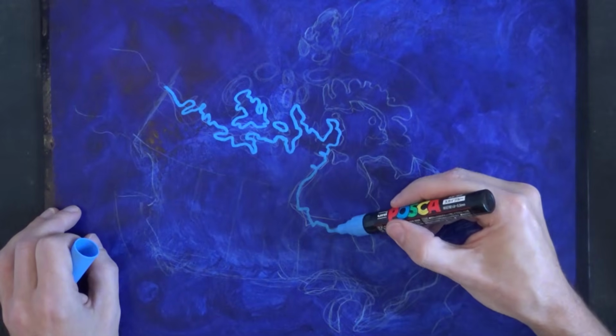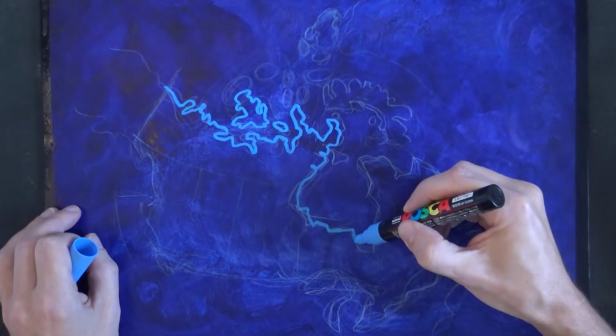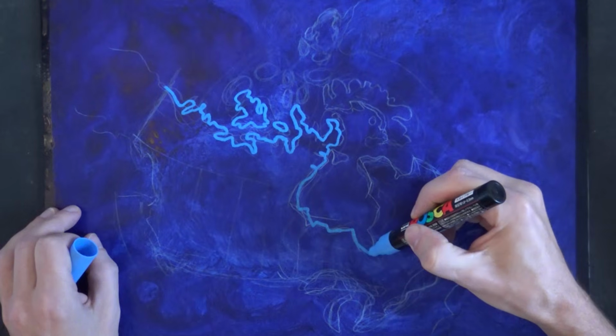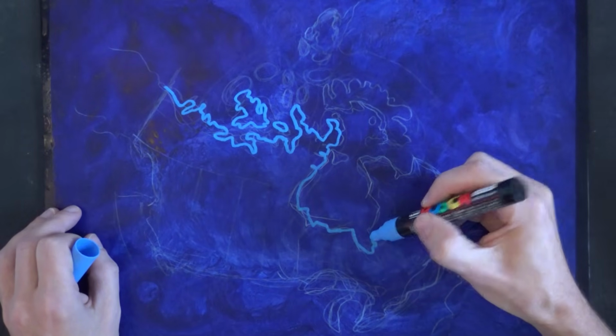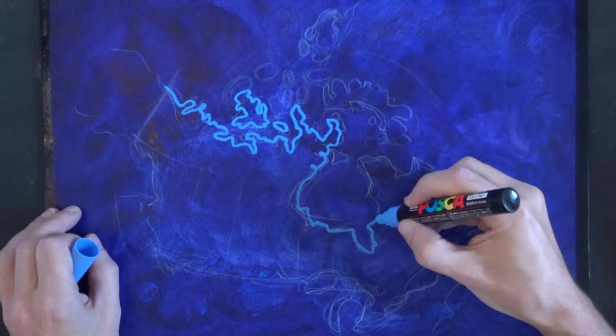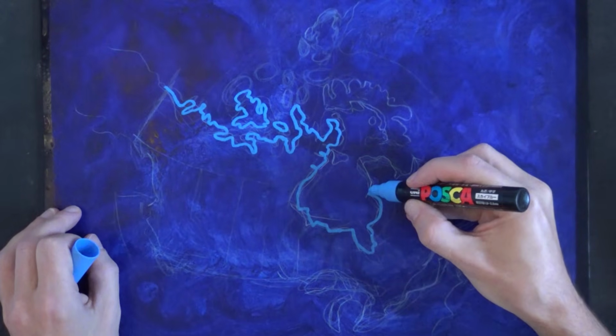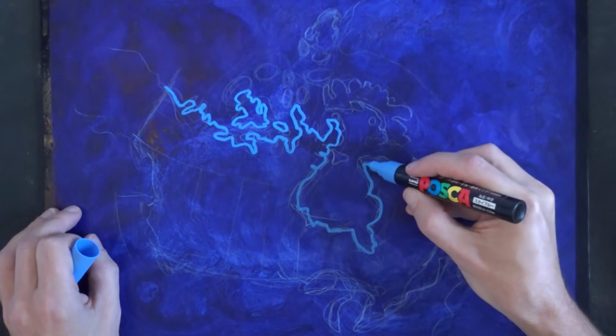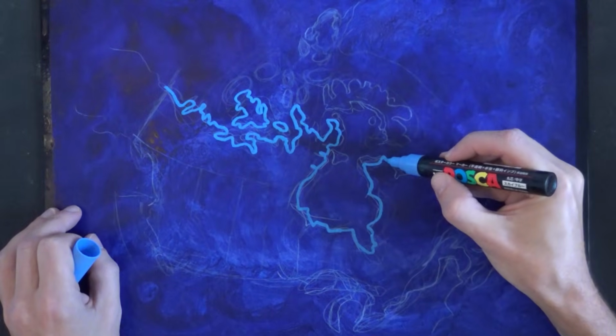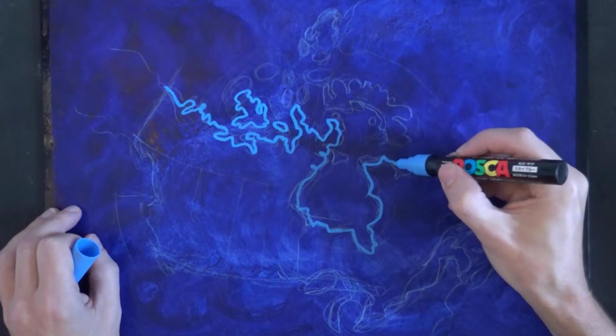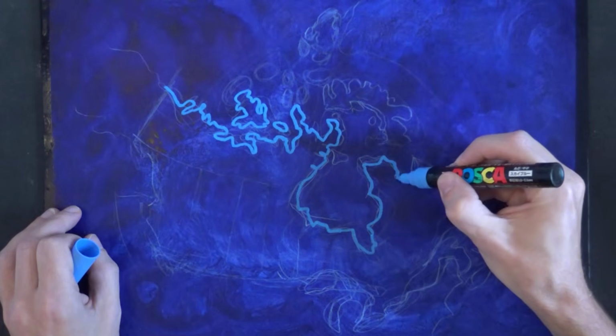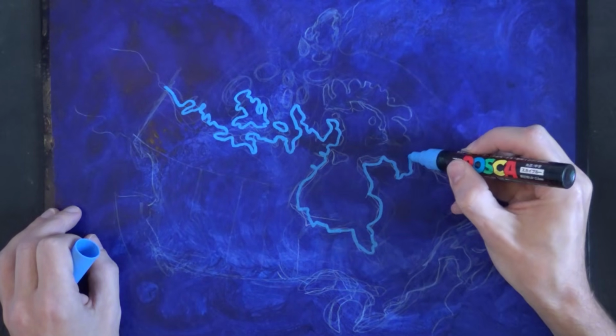Hudson Bay, and this is another smaller bay, James Bay. Hudson Strait, Ungava Bay.